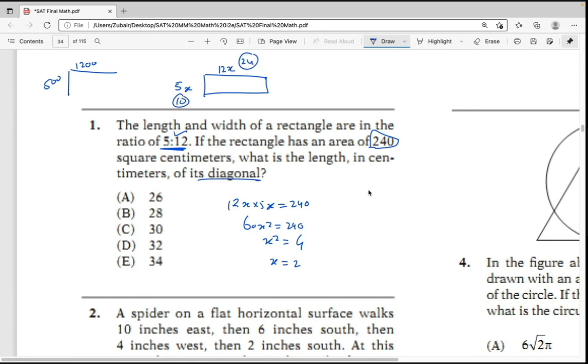So the length of the diagonal is 10 square plus 24 square, whole square root. And I'm getting 26. And this brings me down to 13, 12, and 5.